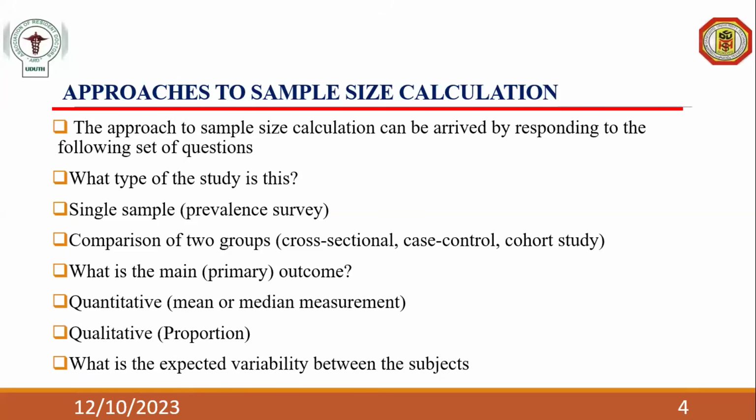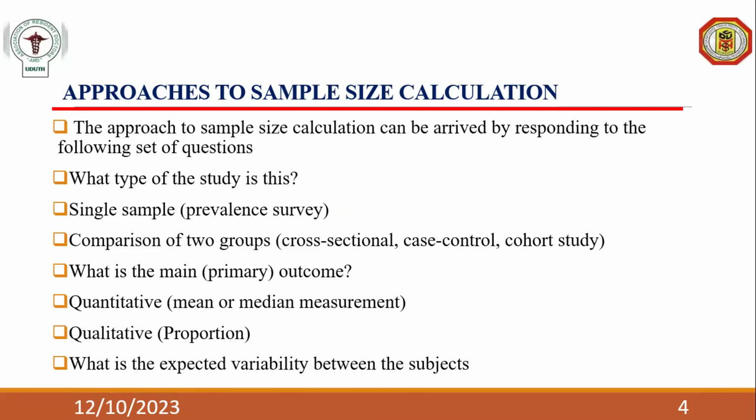You must know which type of study design you are dealing with first, before you go and select the formula to be used. Then number two, single sample. You have to know whether in your study you are using one single sample, or you are using different samples.